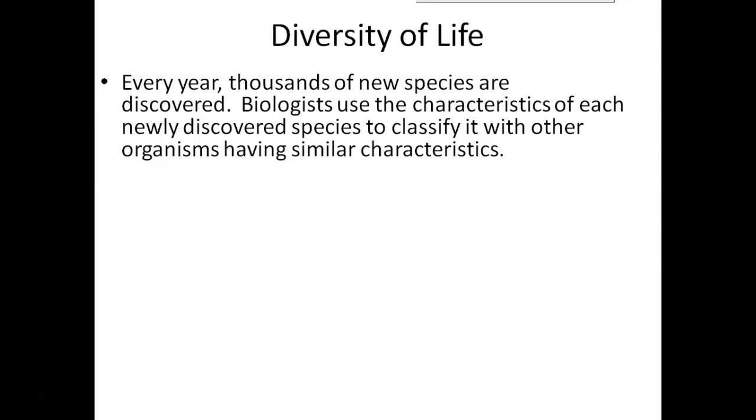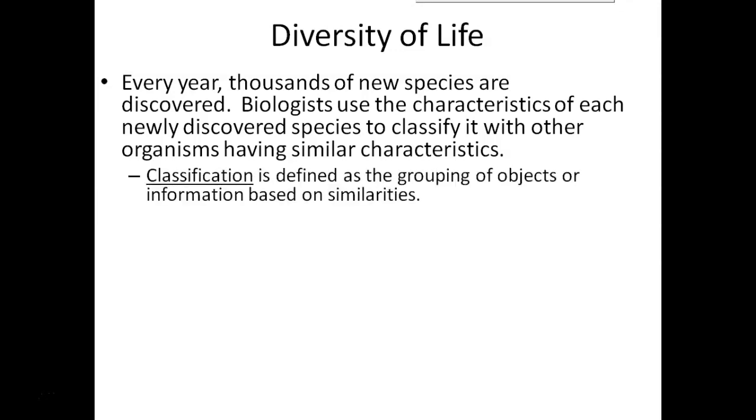Biologists will use the characteristics of each of these newly discovered species to classify it with other organisms having similar characteristics. So we aren't even close to finding all of the species out there. We do not know every plant species or even every animal species, and we definitely don't know the smaller ones like your bacteria and your protist species.